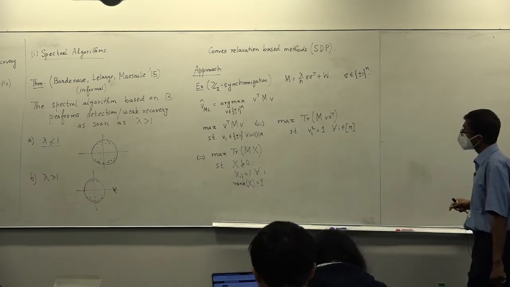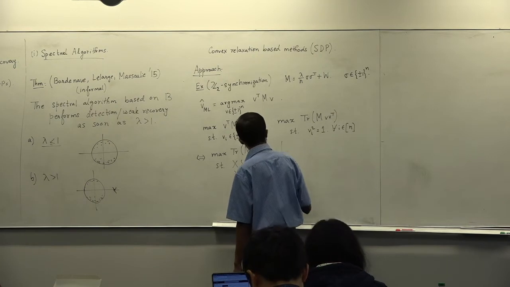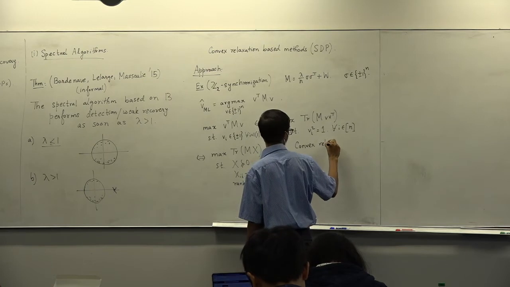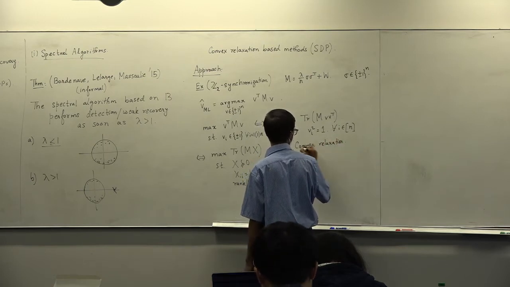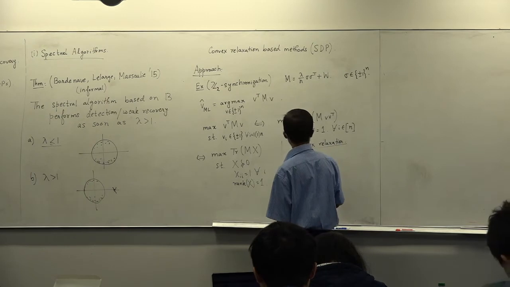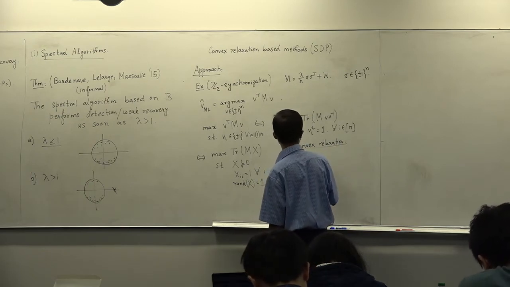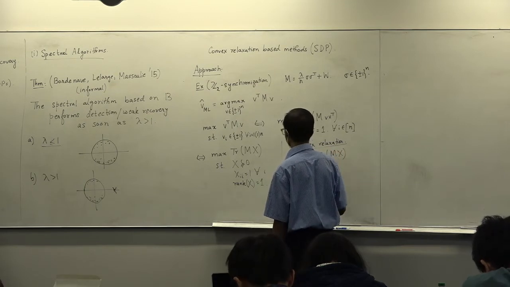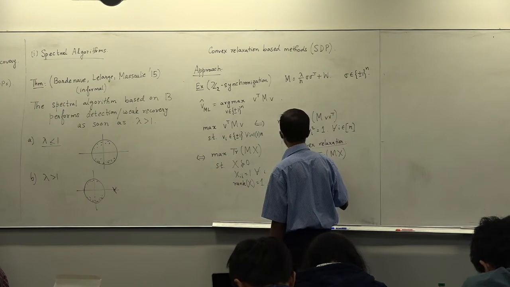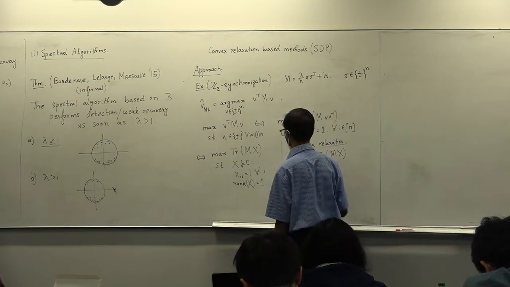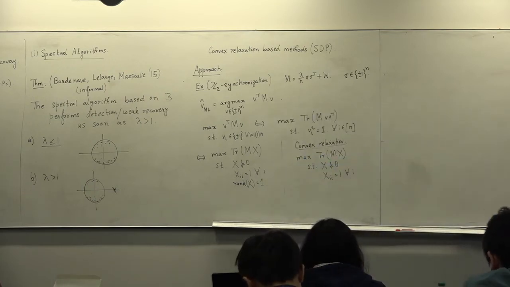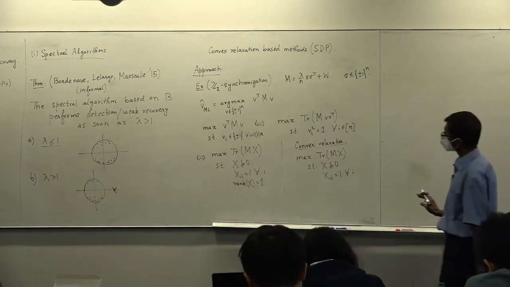So therefore, now you can look at this convex relaxation, where I just drop the rank constraint. So I look at max of trace MX such that X is positive semidefinite, Xii is 1, and that's it. This is a convex problem. We know how to solve this.